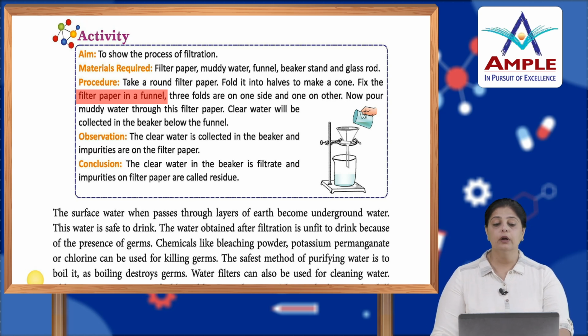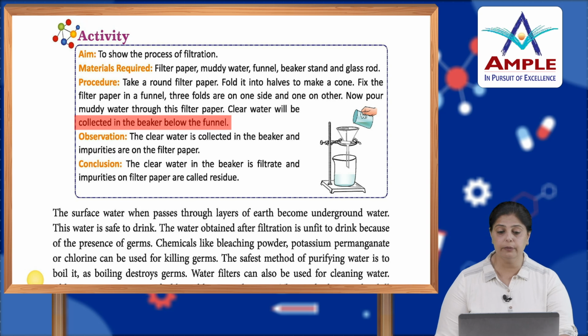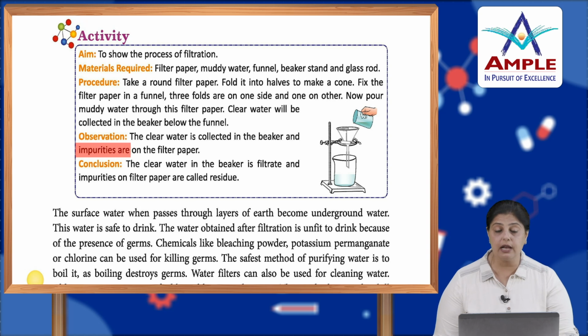Now, there are 3 folds on one side and one on the other side. Pour muddy water through this filter paper. Clear water will be collected in the beaker below the funnel. So when you put this muddy water, you will see that the clear water is being collected below the funnel. The observation is that the clear water is collected in the beaker and impurities are on the filter paper.